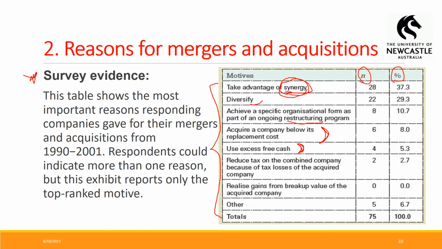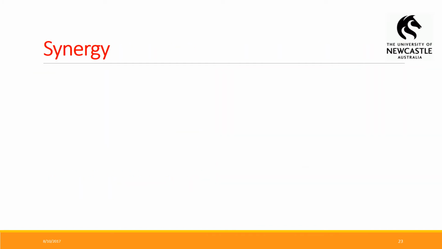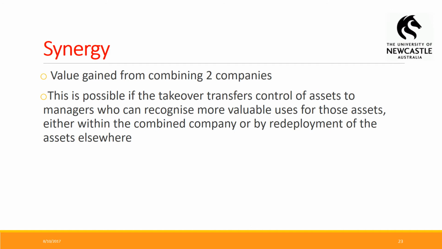So what do we mean by synergies, right? Synergy is defined as the extra gain that we get from combining the assets of two different companies, right? This is possible if assets in two different companies are complementary, and therefore by combining the two asset bases, we are able to, for example, make a third product or infiltrate a different market niche.